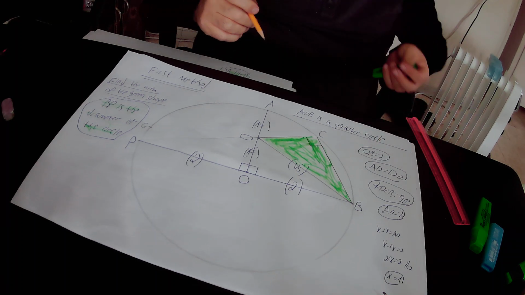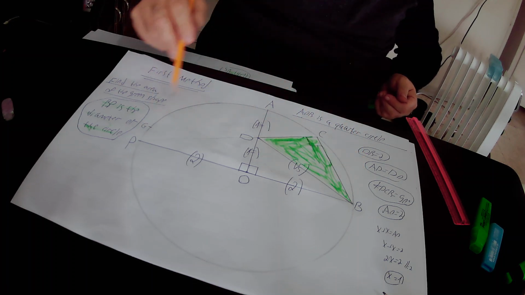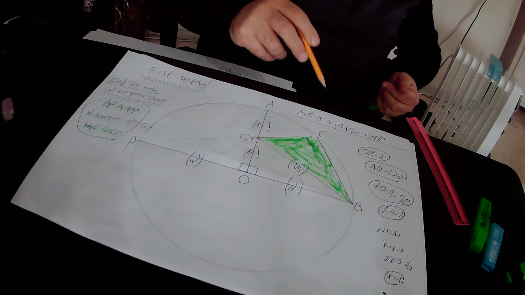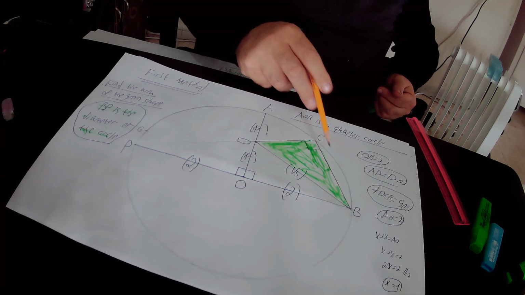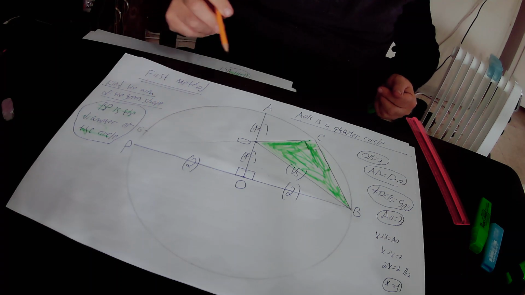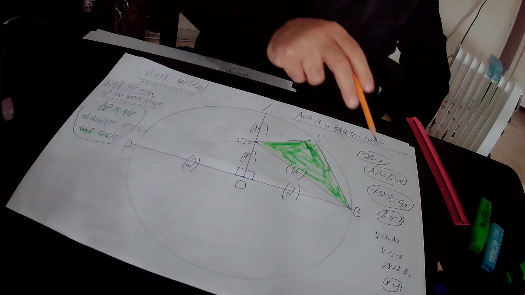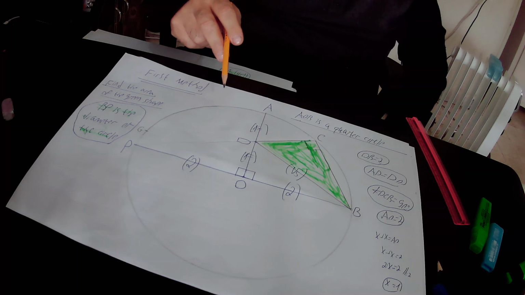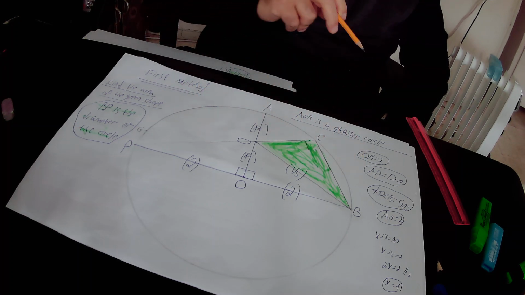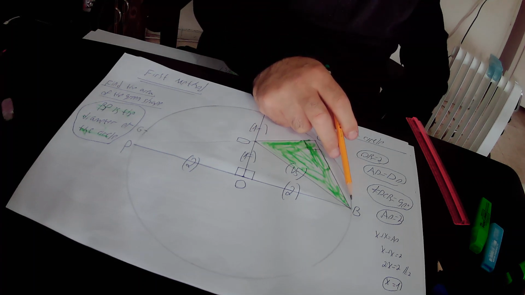By doing this construction, we get the peripheral angle BCG. Peripheral angle BCG equals 90 degrees in its size, because we know that this angle equals 90 degrees. And this peripheral angle BCG is subtended on BG. And BG is definitely not the diameter of the circle, because we already found out that from point B we have the diameter BP.